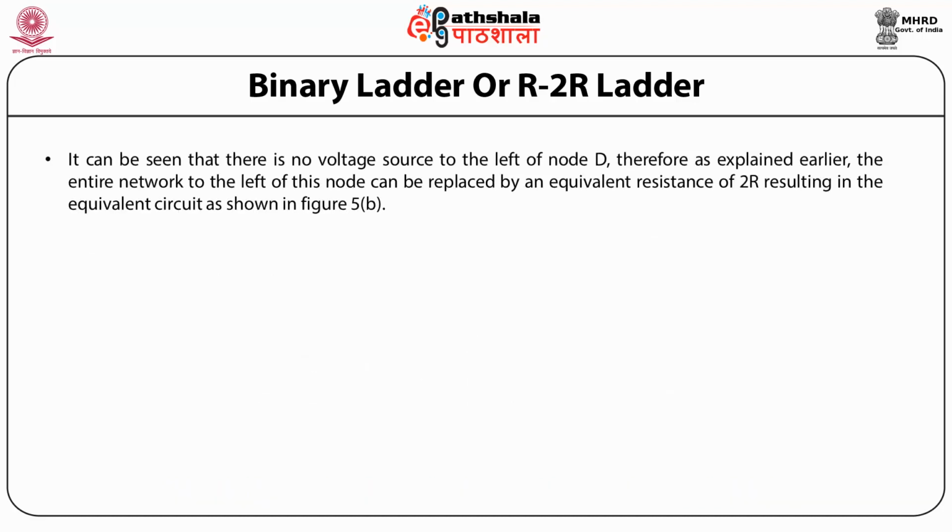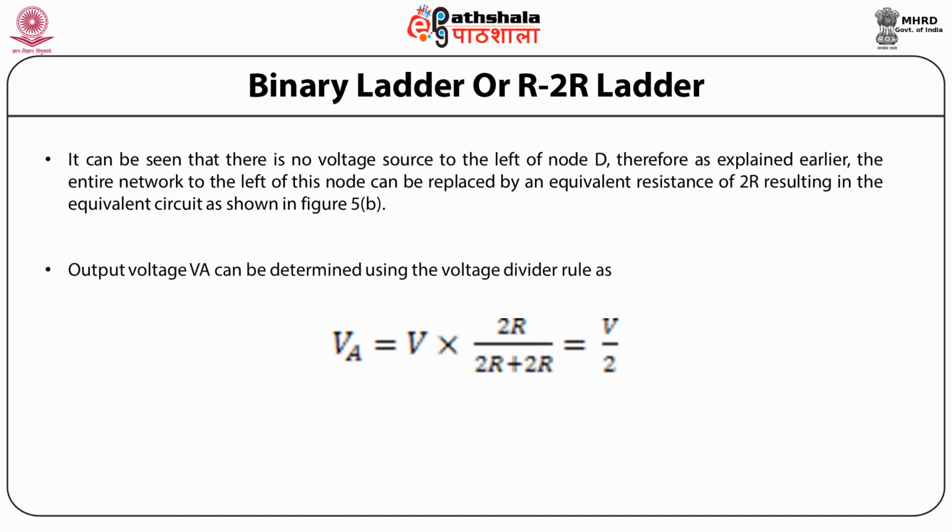It can be seen from the figure that there is no voltage source to the left of node D. Therefore, as explained earlier, the entire network to the left of this node can be replaced by an equivalent resistance of 2R, resulting in the equivalent circuit as shown in figure B. The output voltage VA can be determined using the voltage divider rule as VA equals V into 2R divided by 2R plus 2R.